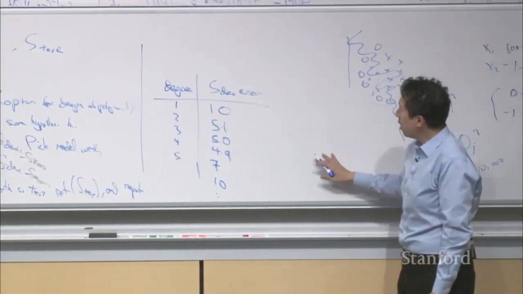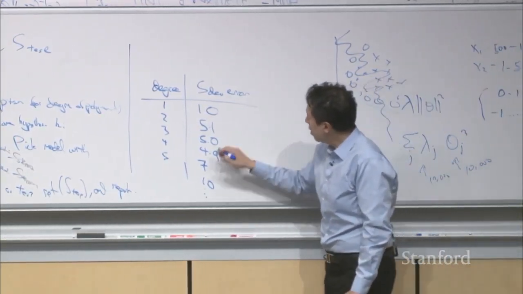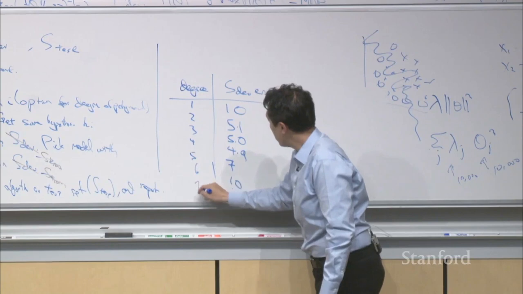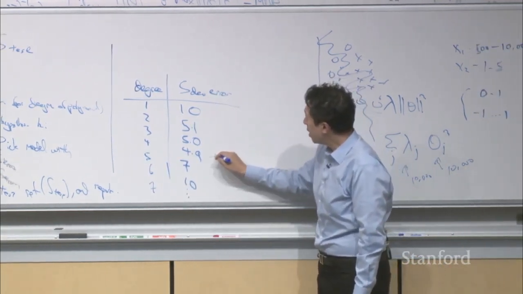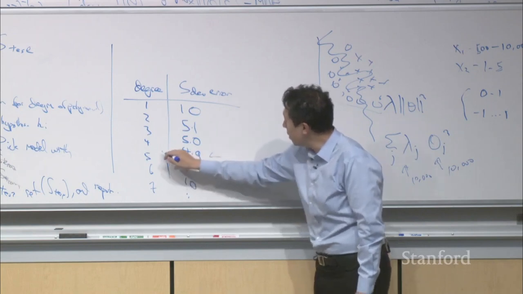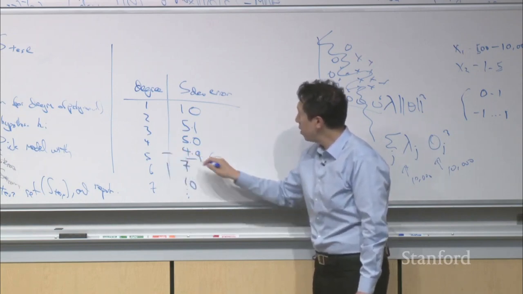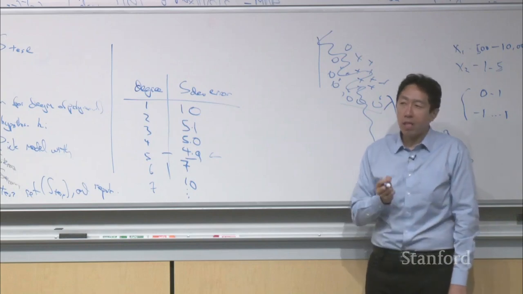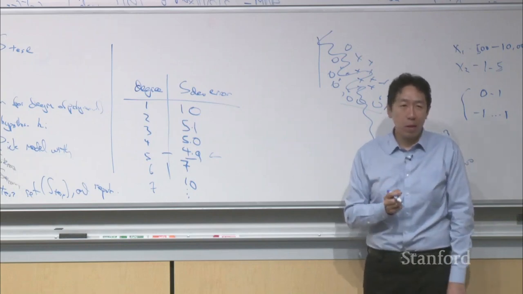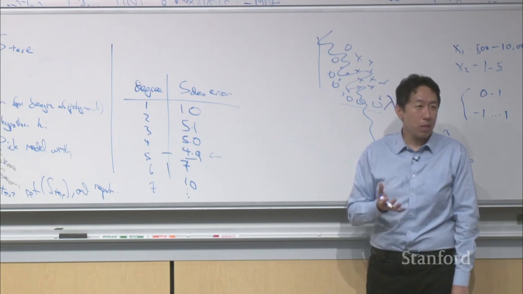If you're using the dev error to pick the best hypothesis, to pick the best classifier, you would say that using a fifth order polynomial gets you 4.9 squared error, right? But did you really earn that 4.9 squared error, or did you just get lucky?